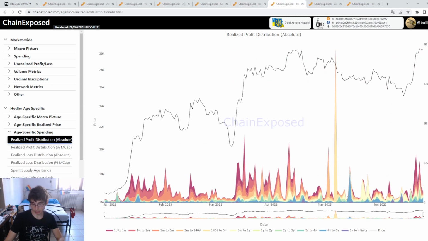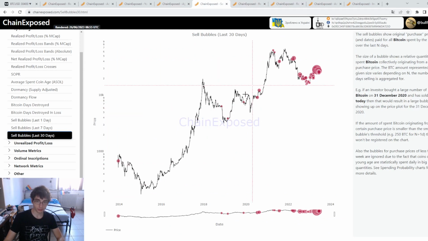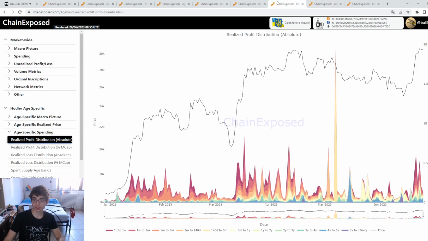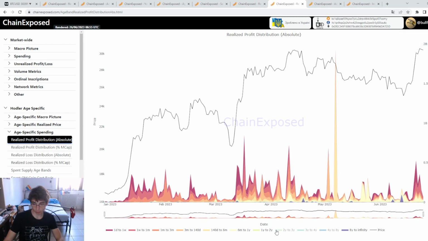How do I know? Because if I take out this right here, the 4 to 8 years and so on, 2 to 3 year holders, what remains of the majority of the price are short-term holders, and short-term holders are actually those who are taking profits right here, 0.5 in the majority, and also 6 months as well.